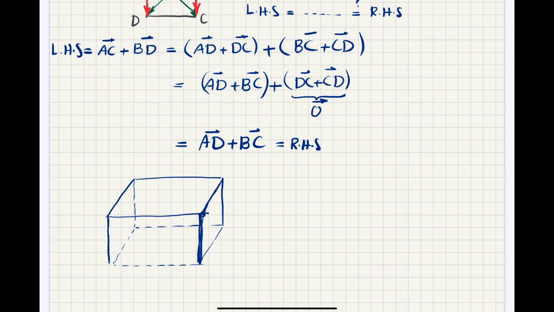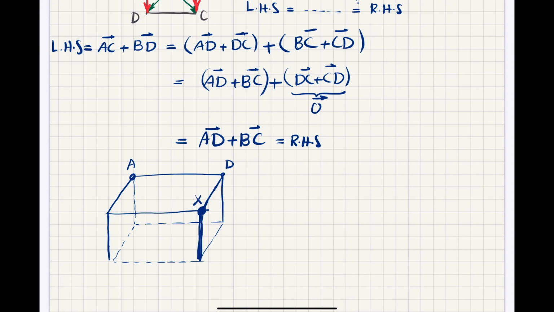It's not the best picture, but hopefully you understand what I mean. And let me give them names. A, D, X here. And then let me call this one O, B, E, and C. Yes, and here we have F.